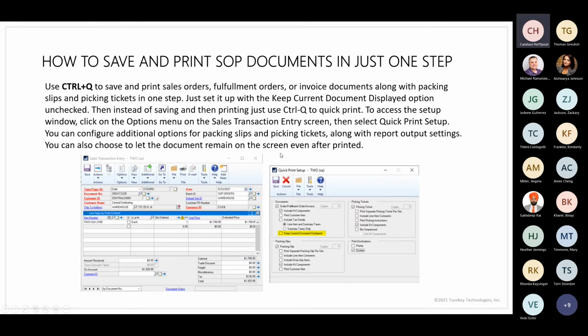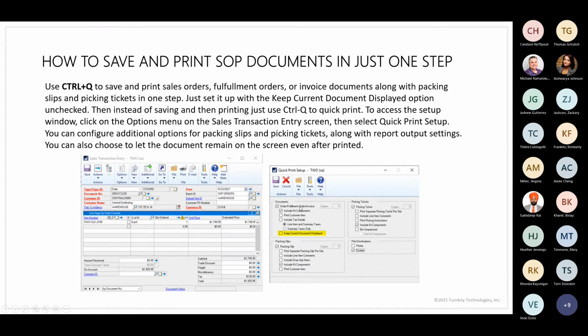And here's a good one for people that are going in and printing orders and all the other prints: the ticket print, picking ticket, packing slip, everything that goes with that one document. You can do a little bit of setup, and then you'll have a shortcut, and you can print them all at the same time.